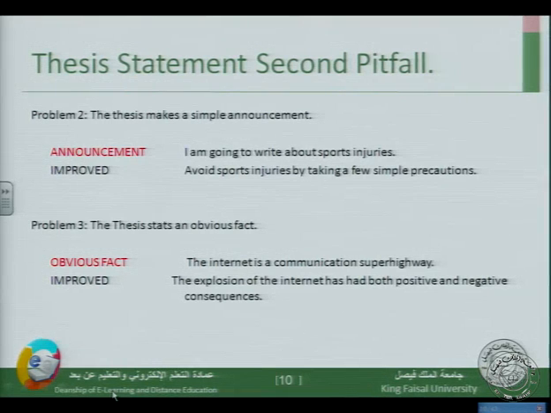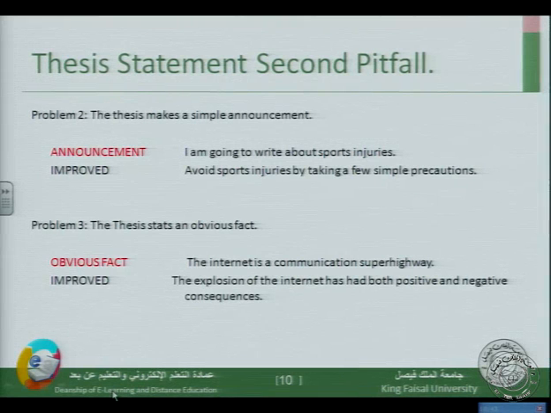The third pitfall is if your thesis states an obvious fact. For example, the internet is a communication superhighway. This is a fact. It cannot be a thesis statement. There is nothing new. Where is your point of view? Everybody knows that the internet is a communication superhighway.